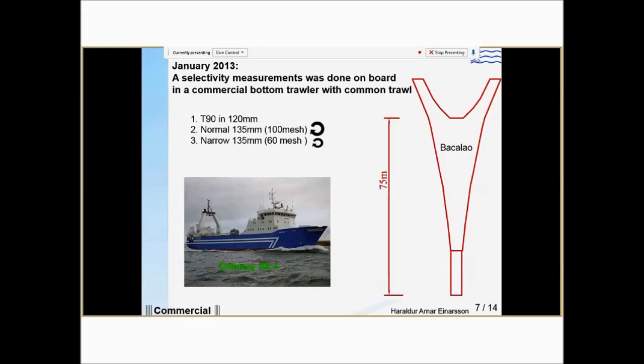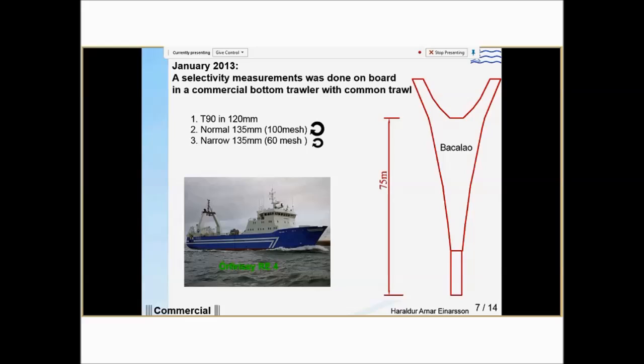It was a T19 codend in 120 millimeters, and that was the reason we were on board, looking at this codend, believed to have similar selection as a normal codend. Therefore, we were measuring the other one, a normal codend, 135 millimeters.